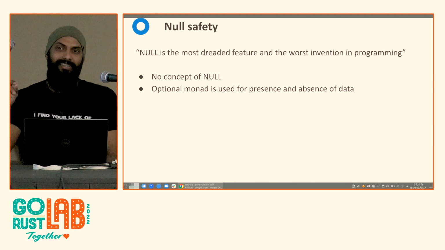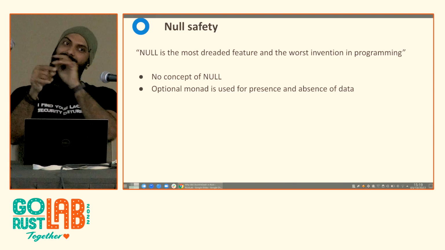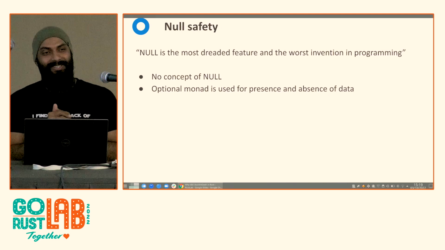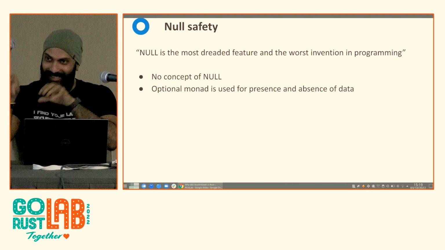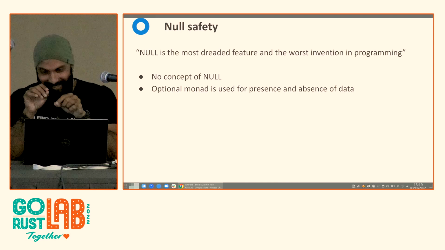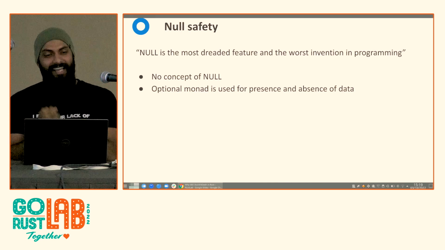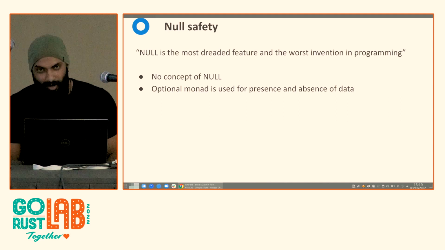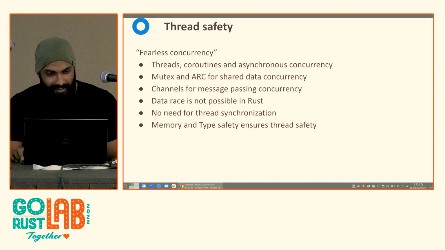At least now in Java, the error says which was null. That was not the case a few years ago. You have to go find out, okay, what was null? So I like that you don't have the concept of null in Rust and there is only Option. It's really nice. Something I really appreciate.